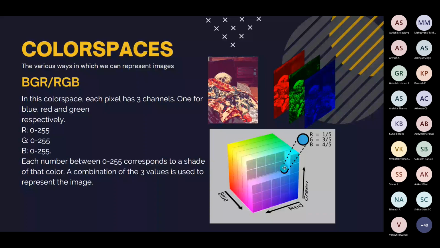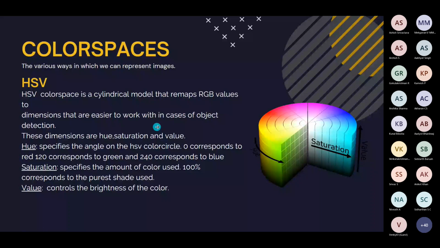Next up, moving to the next color space that we'll be exploring is the HSV color space, or the hue, saturation, and value color space. This is not a very common color space for representing images as such.